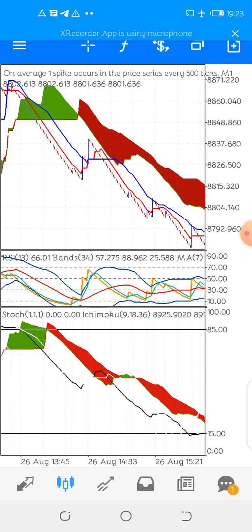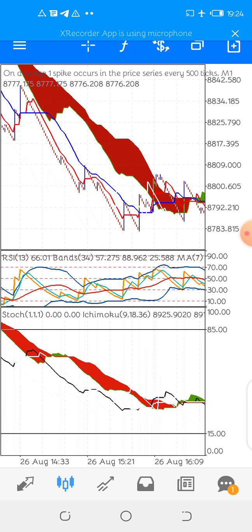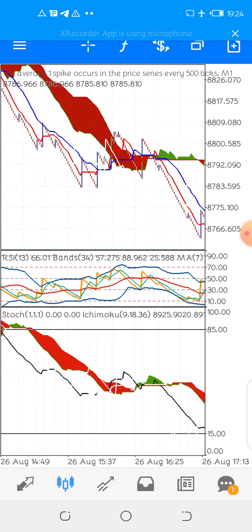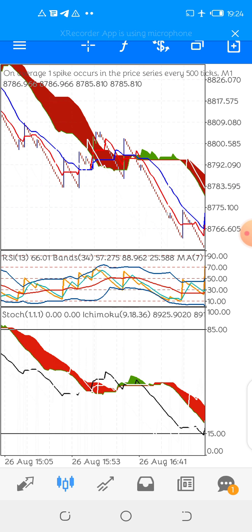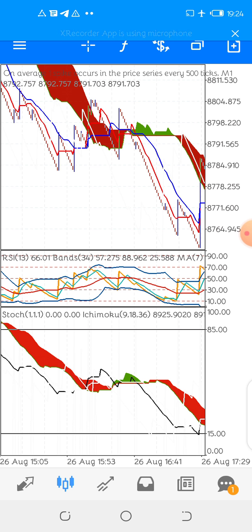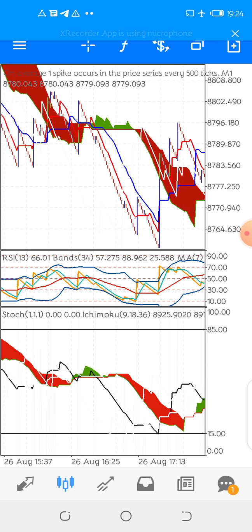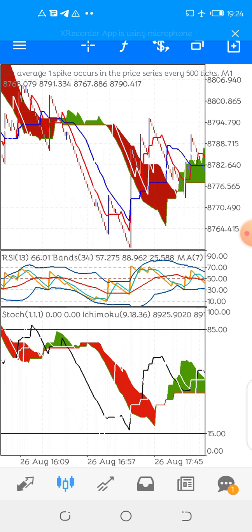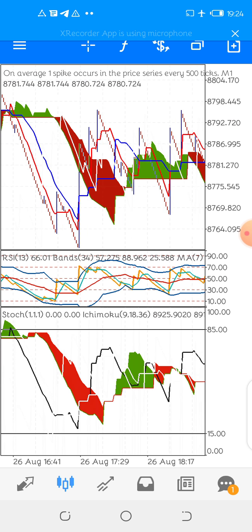We are touching level 15, but it's not spiking, it consolidates. So this cloud is to help you sift the fake signals. You see it, we had touched level 15, spiking, but not going up. Okay, so all those are fake breakouts.